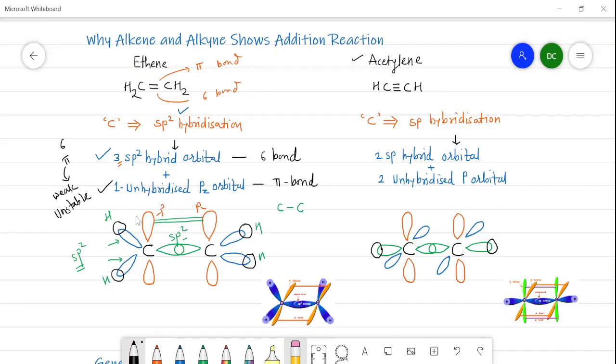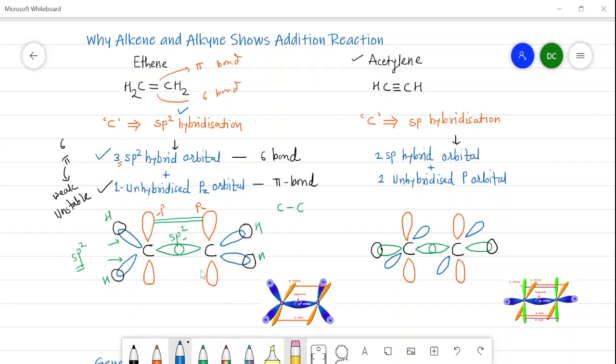And the alkene possesses a pi bond which is loosely held, therefore this is the reactive site in case of alkene. Any alkene, ethylene, propene or butene you may take, the pi bond is the reactive site in the alkene molecule, and it is going to react with reagents which are electron deficient.